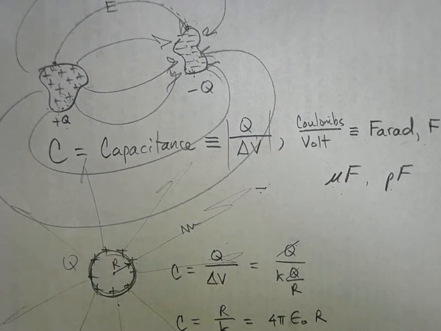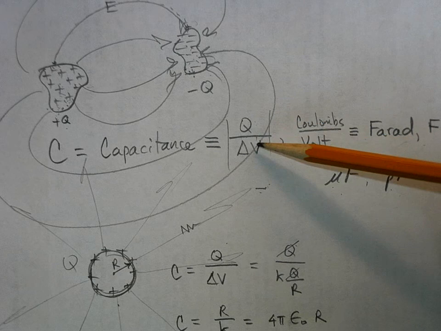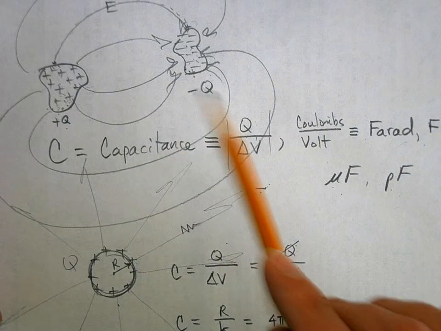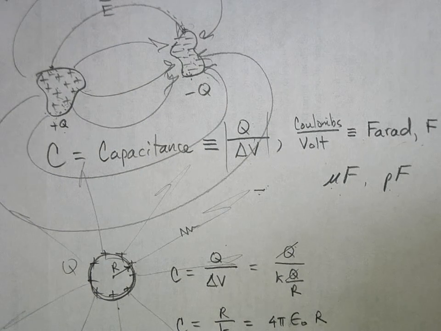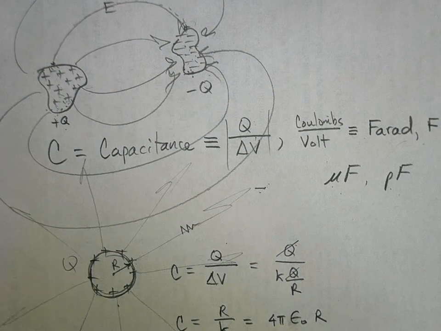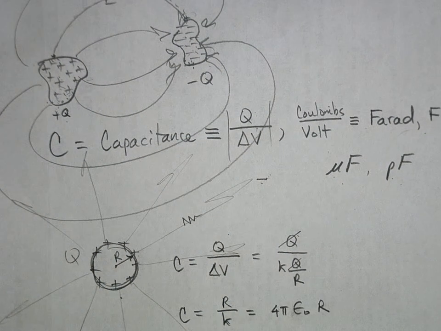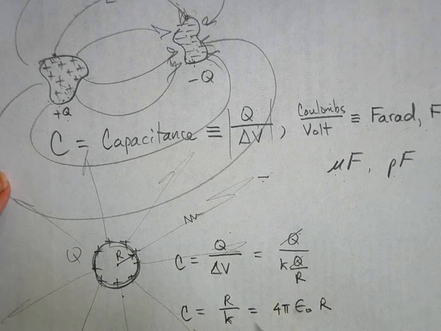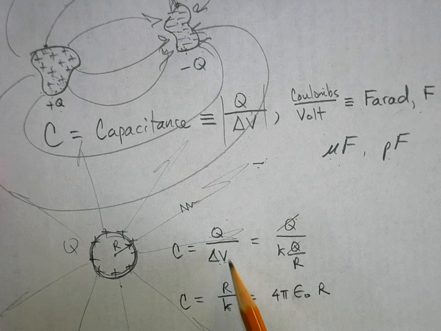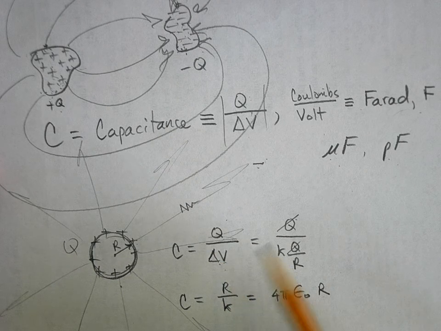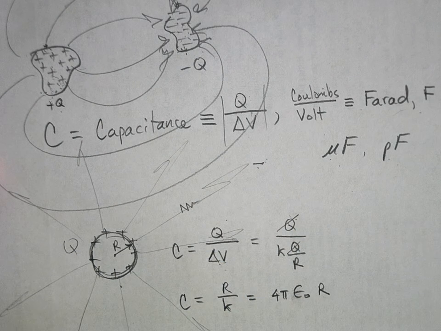And the only way I can define it is Q over delta V. There's no way of calculating what delta V is for that. But we're going to give you situations where you can figure out the voltage difference. And the voltage difference is always going to be a function of Q. So the Q is always going to cancel out.